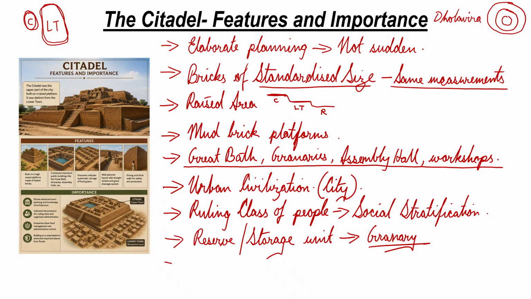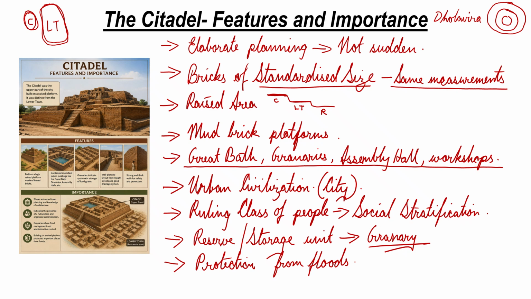So the high platform was used to protect everyone from floods. Protection from floods. So all these points are to be kept in mind when you write some answer about the citadel.